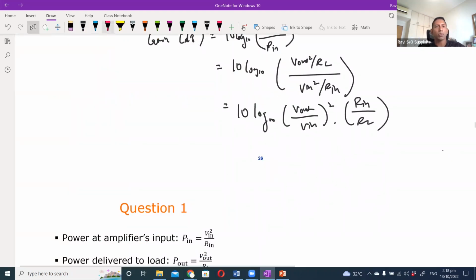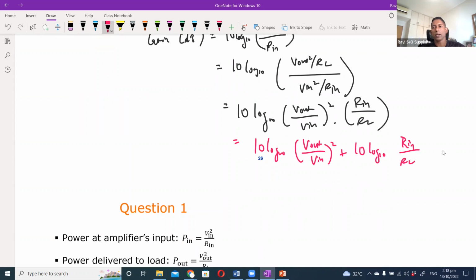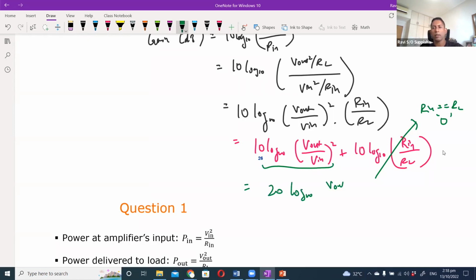By log rules, I can separate this out: 10 log to the base 10 of (Vout over Vin) squared plus 10 log to the base 10 of Rin over RL. If Rin equals RL, then this component will be 0. Then what is left is the first component, and you bring the 2 down, you'll get 20 log to the base 10 of Vout over Vin.